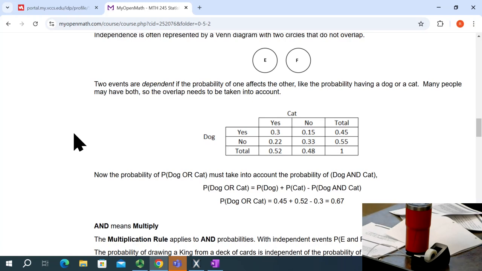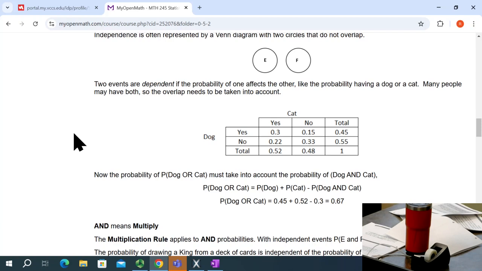What's the probability of cat? 0.52. Then I've got 0.52 plus 0.45. But I've also got people that have both. So I have to subtract this probability because these are not independent events.